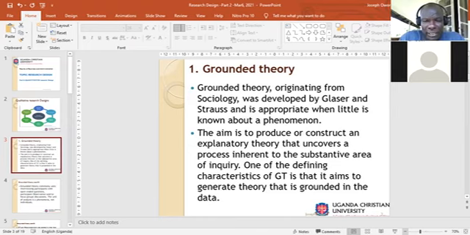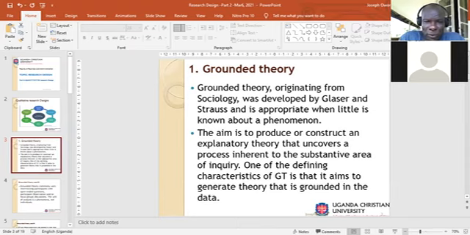What is important is the data. And the data, when we're talking about data in the qualitative design, we are talking about anything, input that you can get from the field, even using your eyes. When you go out to observe, you are collecting data.